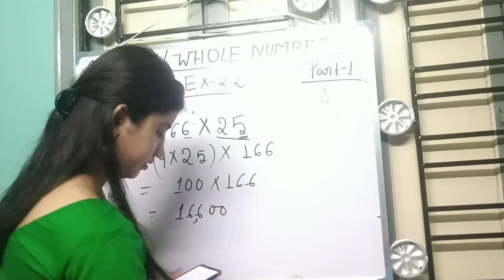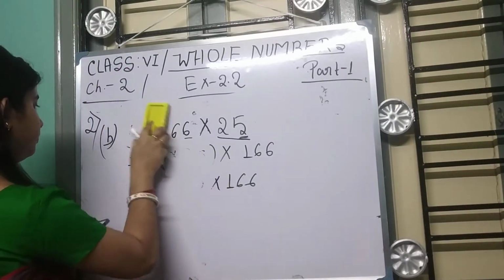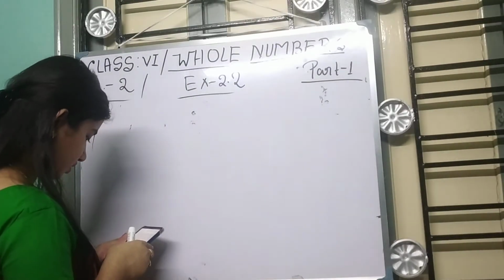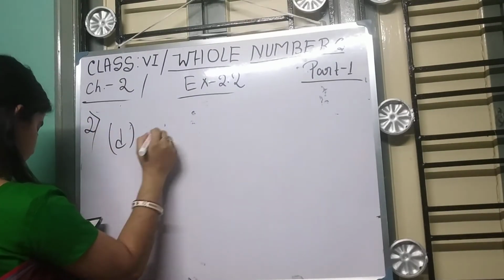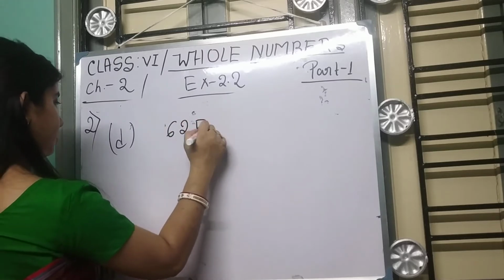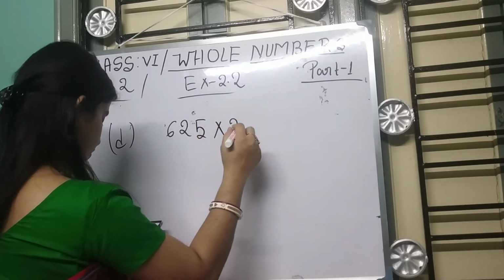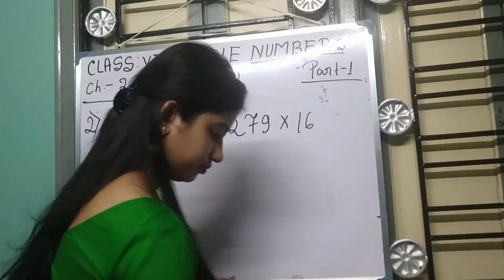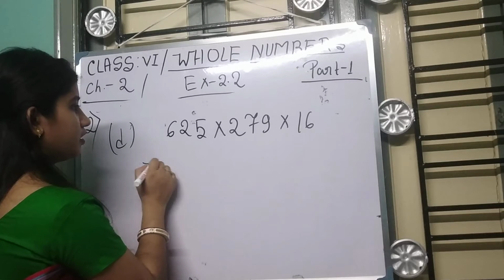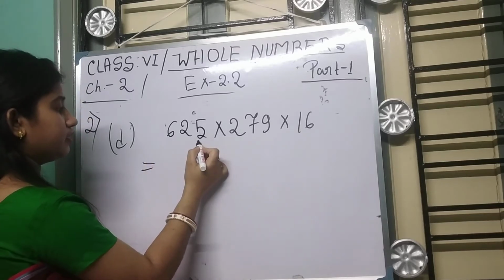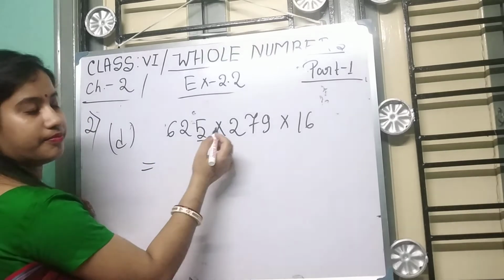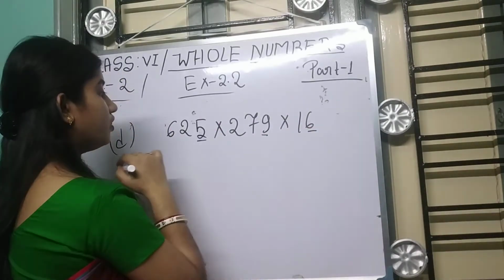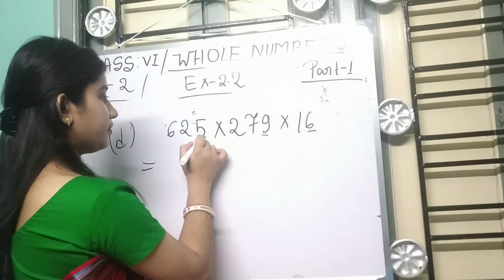Now next number d. Here given 625 into 279 into 16. Now here the ones place is 5, here the ones place is 9, and here the ones place is 6. So we multiply 5 by 6.